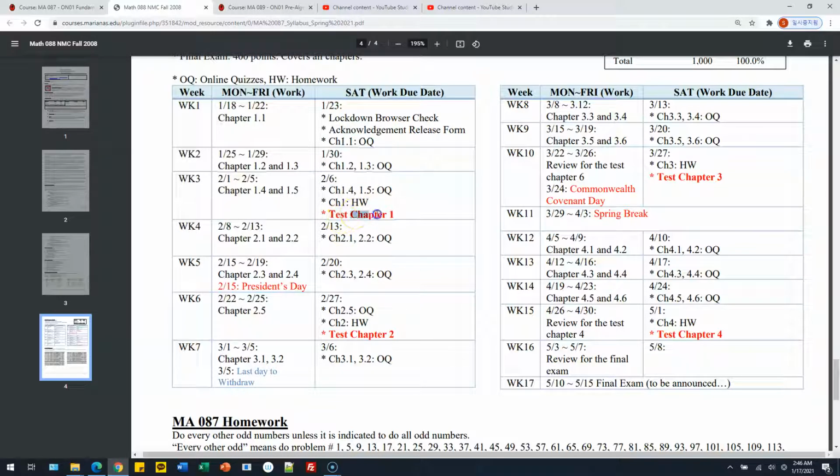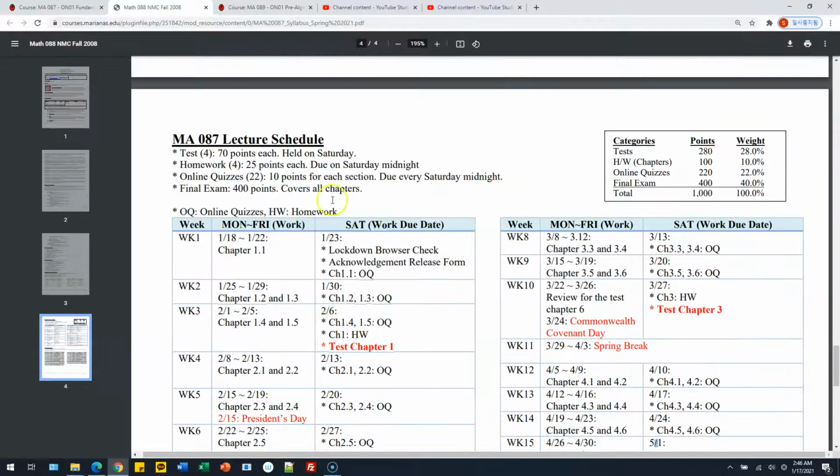We will have the chapter 1 test, chapter 2 test, chapter 3 test, and chapter 4 test. There are 4 tests and 1 final exam. Each test is worth 70 points, so 4 times 70 is 280 points, which is 28% of the total grade.